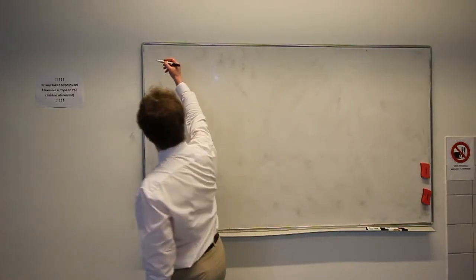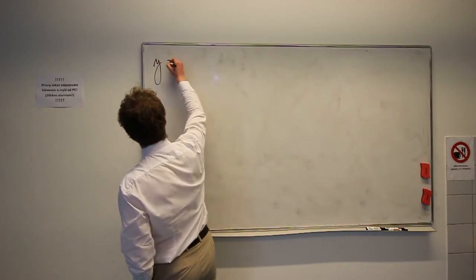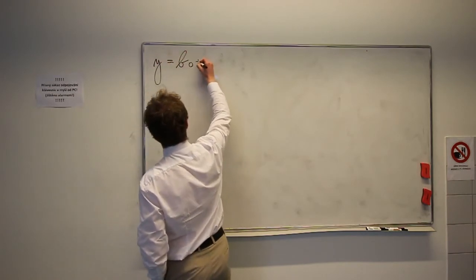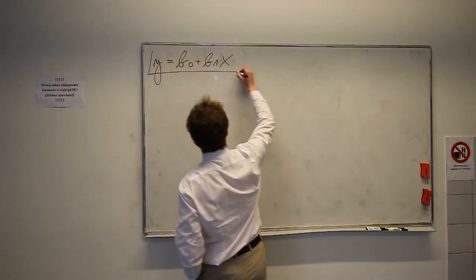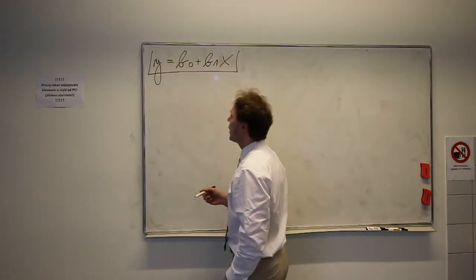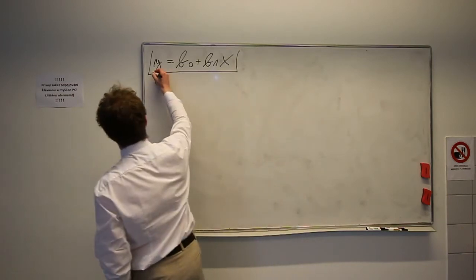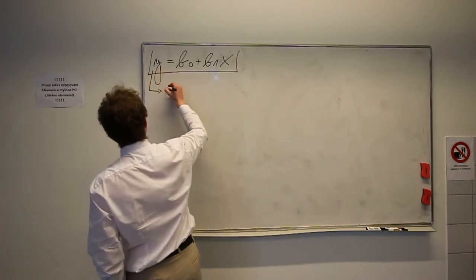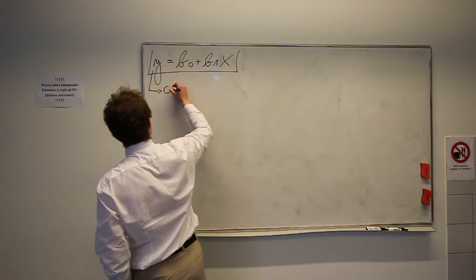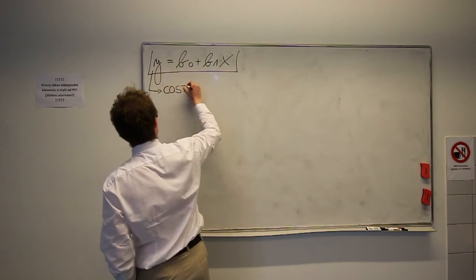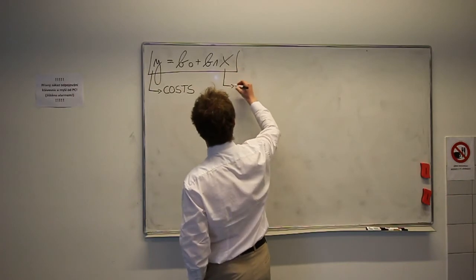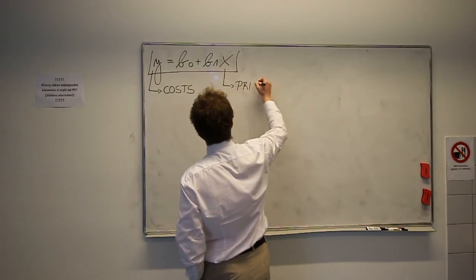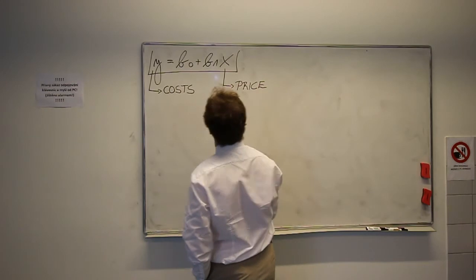So our model, y is equal to b0 plus b1x. This is our regression line, and we know that the variable y is costs on maintenance, and variable x is the price of the house.